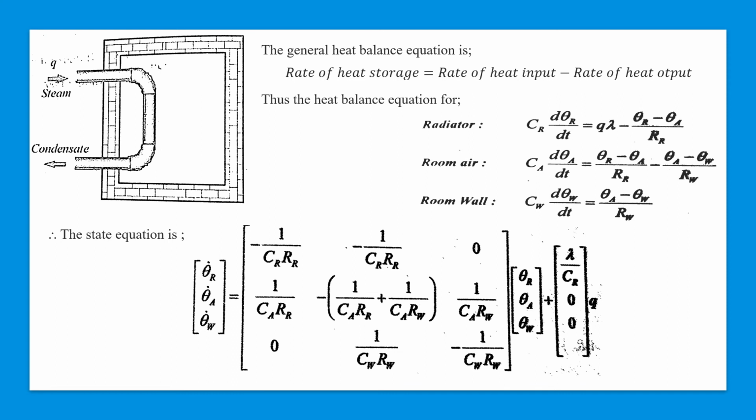For this system we can write the heat balance equation for three parts: one is the radiator, another is the room air, and another is the room wall. From these three equations we can derive the state equation.